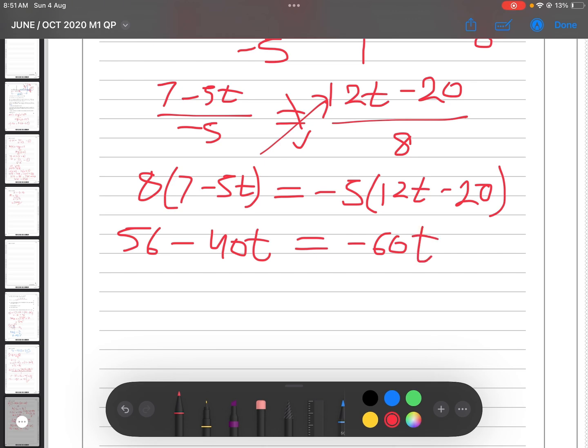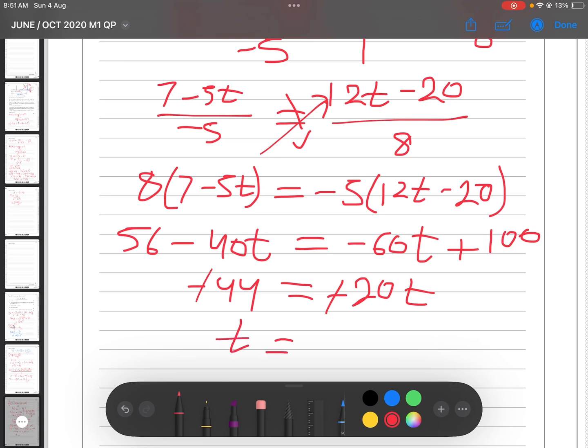Negative 5 into negative 20 is plus 100. 56 minus 100 is minus 44. Minus 60 plus 40 is minus 20t. Negative and negative are going to get cancelled, and so we're going to get t is equals to 2.2 seconds.